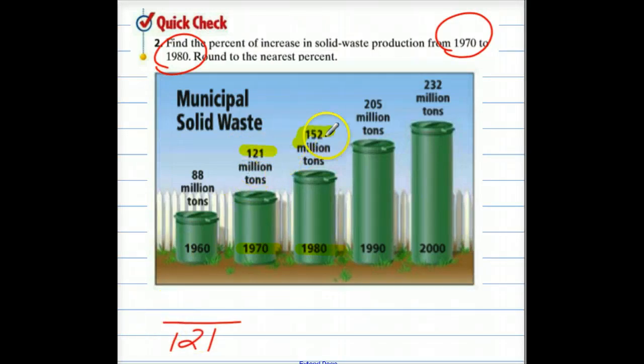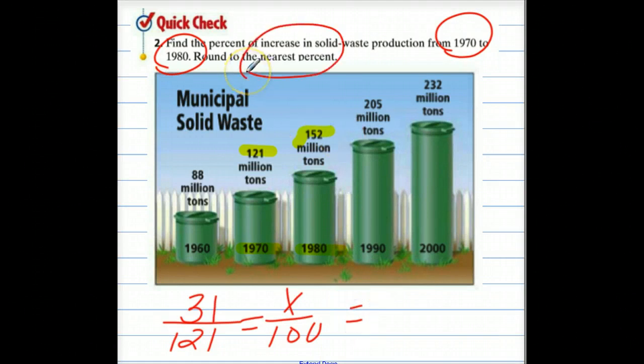So from 121 to 152, if I take the bigger number and subtract the smaller number, there's a difference or change of 31. And I'm going to set that equal to x over 100. 31 times 100, divide by 121. I'm going to round again, round to the nearest percent. Always important to look at the directions. Oops, I rounded wrong. 26% increase in solid waste production.